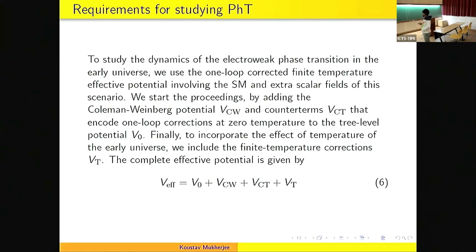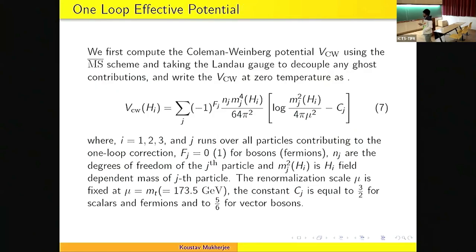VCT is the counter terms associated with it at zero temperature, and VT is the thermal corrections to the effective potential. We first compute this Coleman-Weinberg potential in the Landau gauge using the MS bar scheme, which is given by expression 7, where these Nij are the degrees of freedom for all the physical particles. This Cj comes from the renormalization constants, and is equal to 3 by 2 for scalars and fermions, while 5 by 6 for the vector bosons, the gauge bosons. And this Fi is 0 for bosons and 1 for fermions.